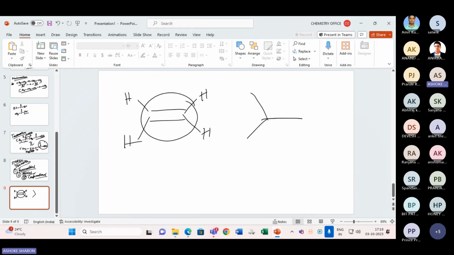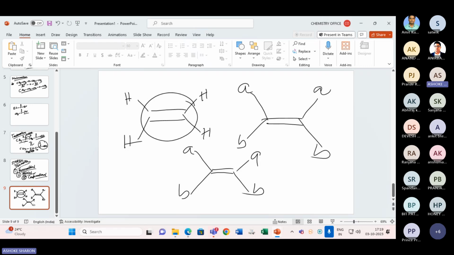For geometrical isomerism, the condition should be either AA, BB, or AB, AB.